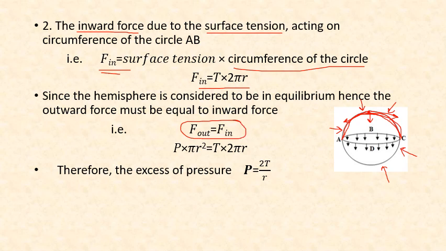Substituting the values of F out and F in, you get pressure P as 2T by R, where P is the excess pressure inside the sphere, inside the air bubble or the liquid drop. So that completes excess pressure inside a liquid drop or air bubble.